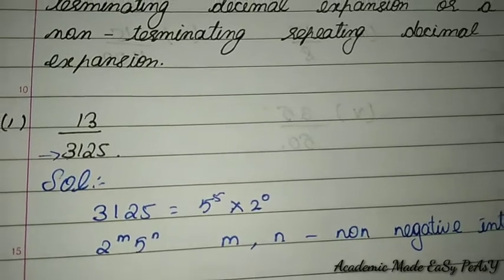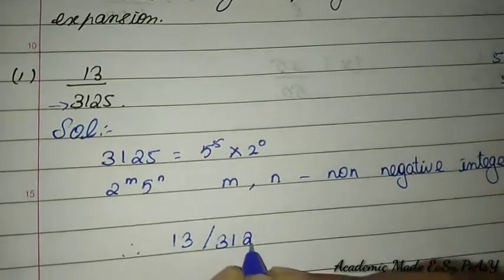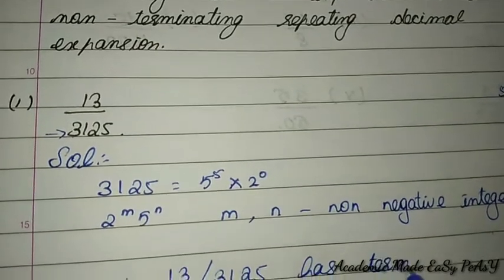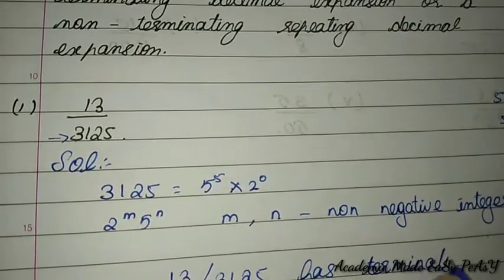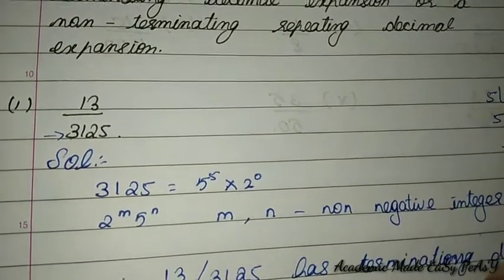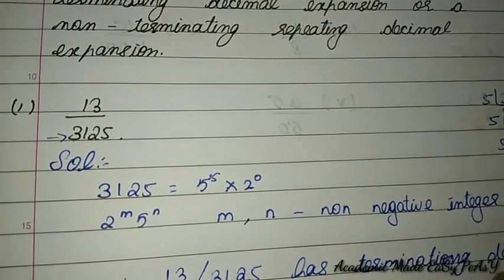Therefore 13 by 3125 has terminating decimal expansion.